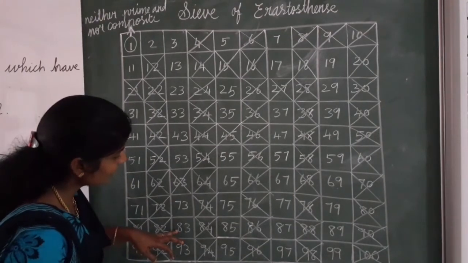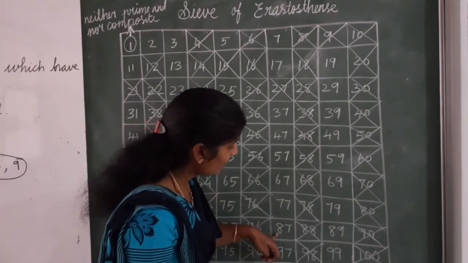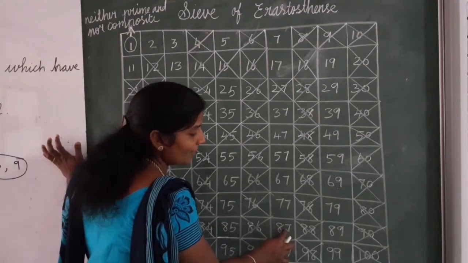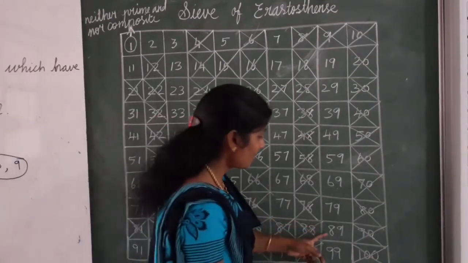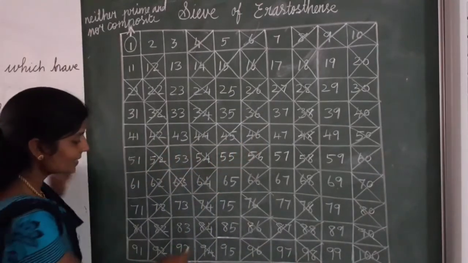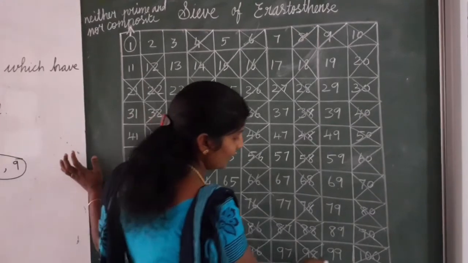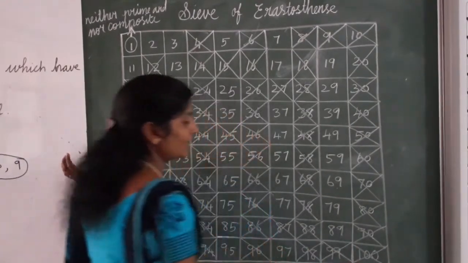Then 87, yes, 9 3s are 27, divide and we get remainder 0. Then 93 is a multiple of 3. Then 99, also a multiple of 3.